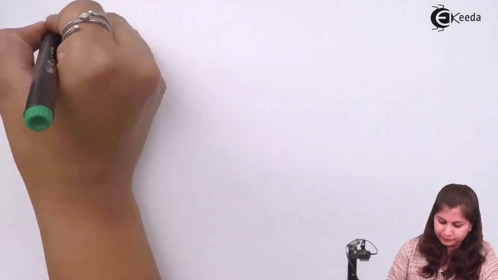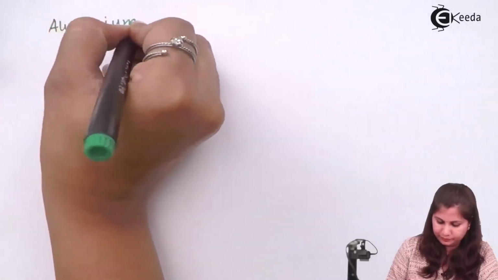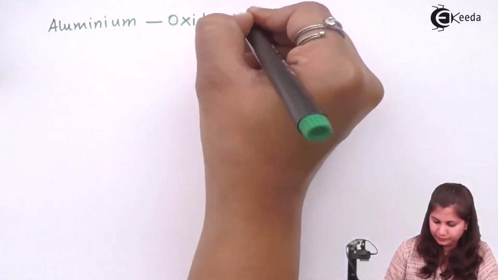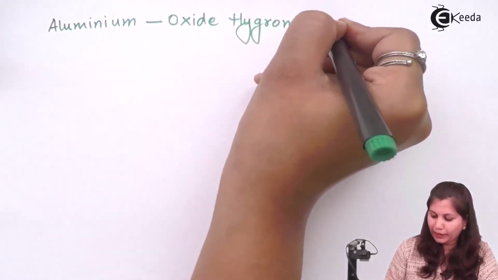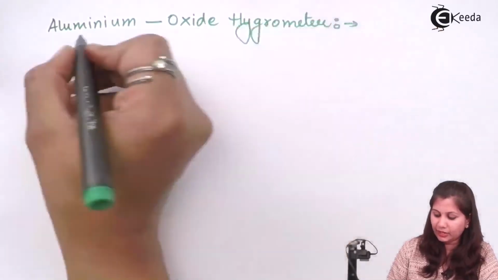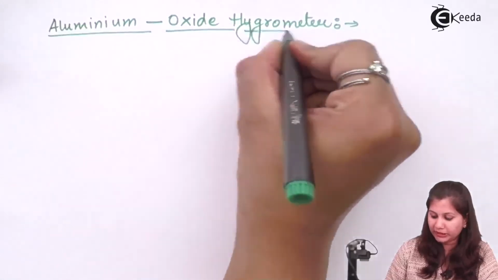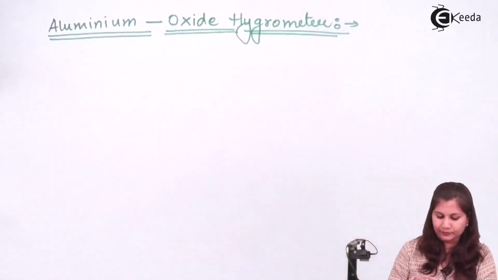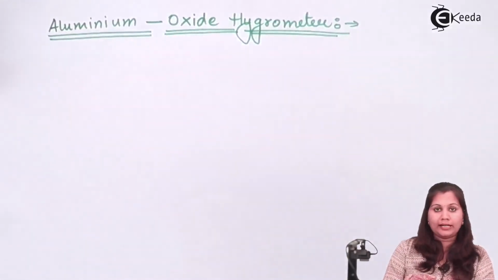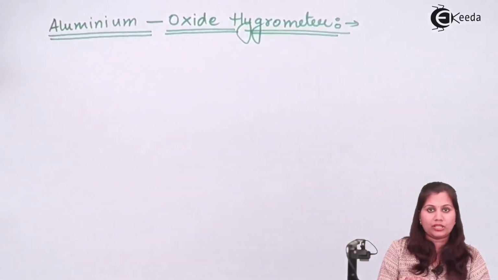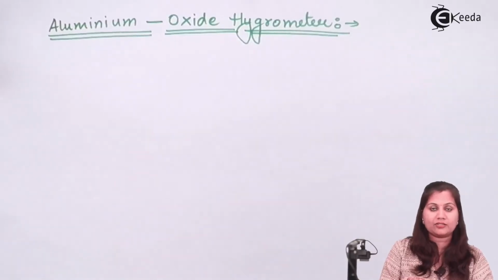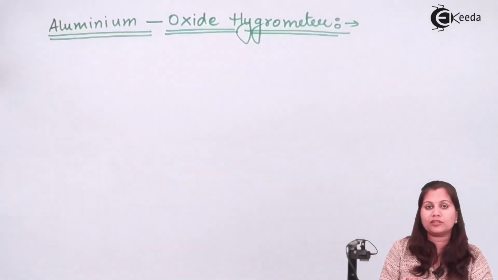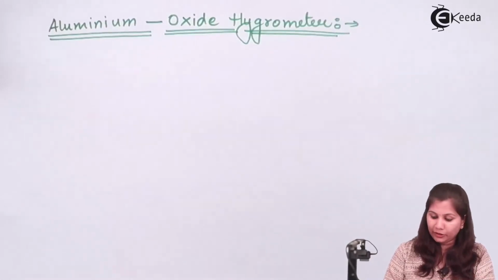Now the next type of hygrometer is the aluminium oxide hygrometer. By the name you can see that here the hygroscopic material is aluminium oxide. This hygrometer changes its parameters, like resistance or capacitance, with the change in the humidity.